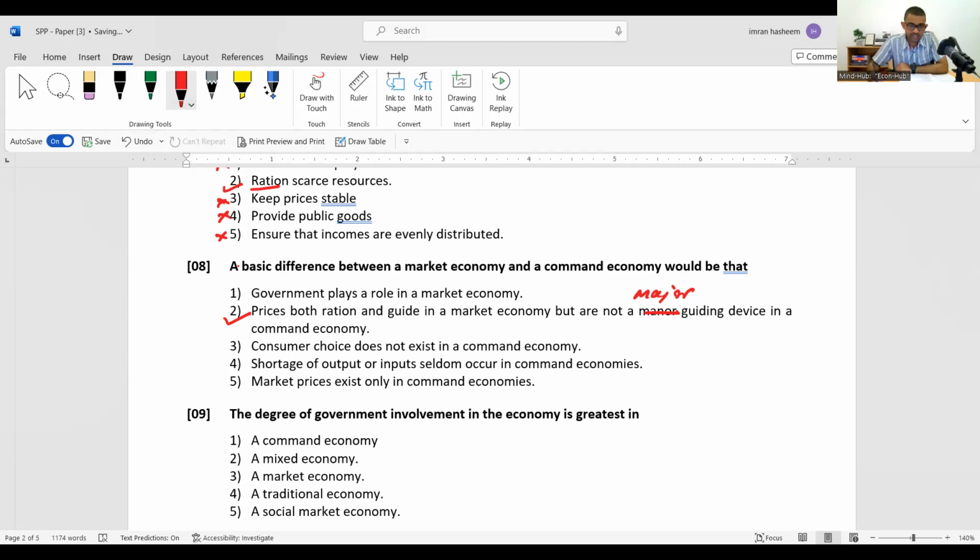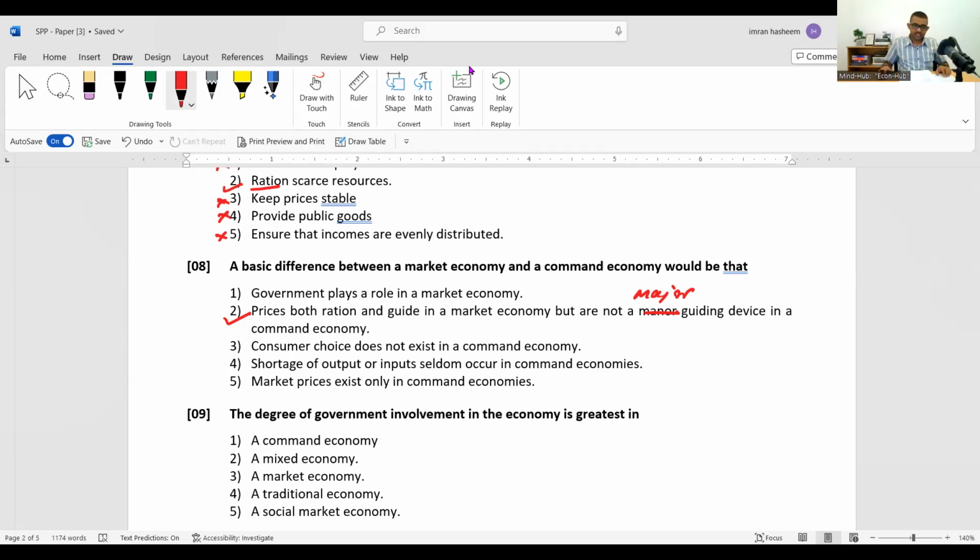Market prices exist only in command economies? No, market prices don't exist only in command economies. Mainly price is the rationing, information and incentive device in a market economy. In a command economy, now if someone says this statement is wrong because there is no price in a command economy, that is not the case.